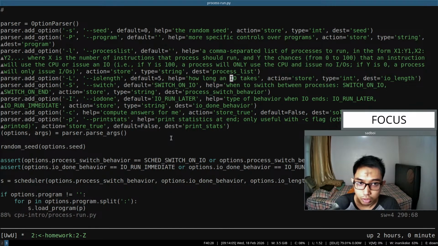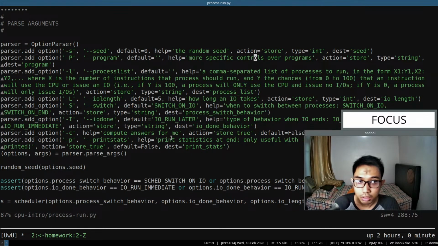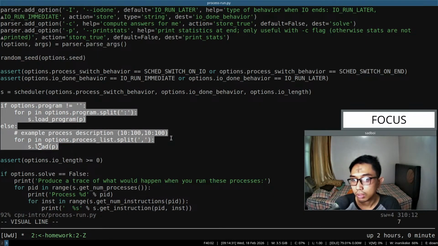How long the input-output takes? Okay. The process list, okay. More specific control over programs. What is program in here means? Oh, okay.